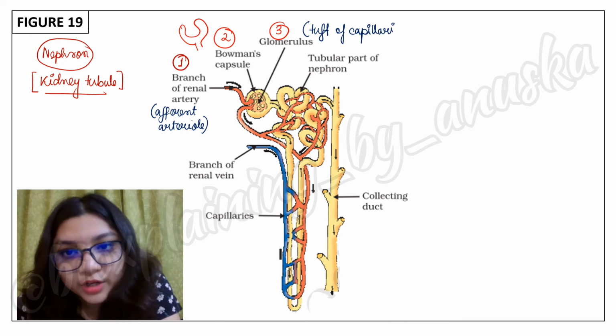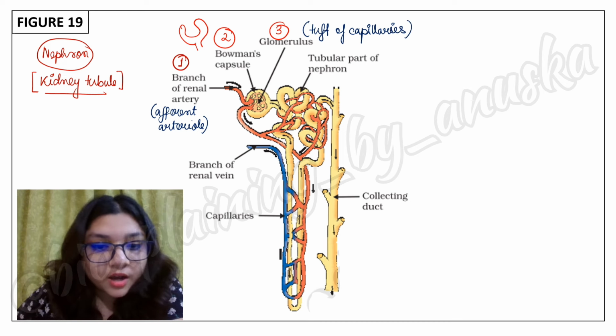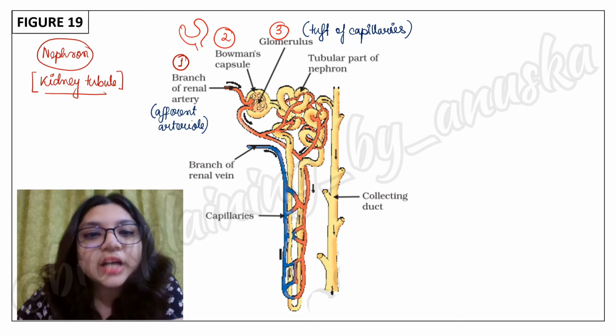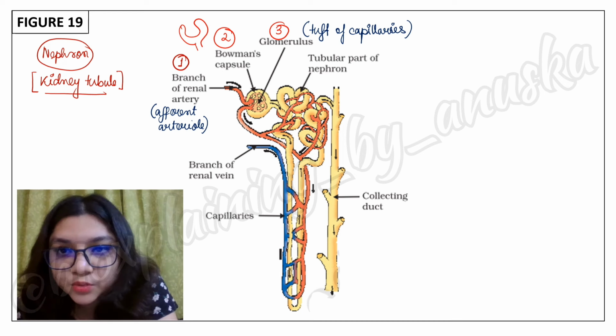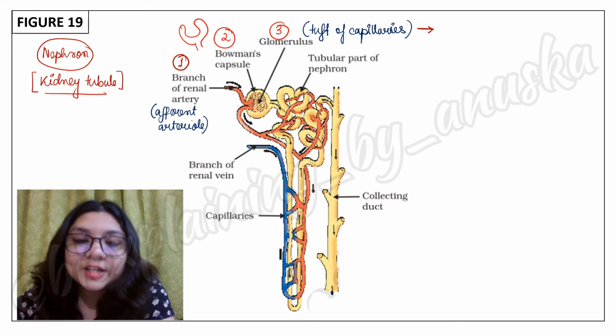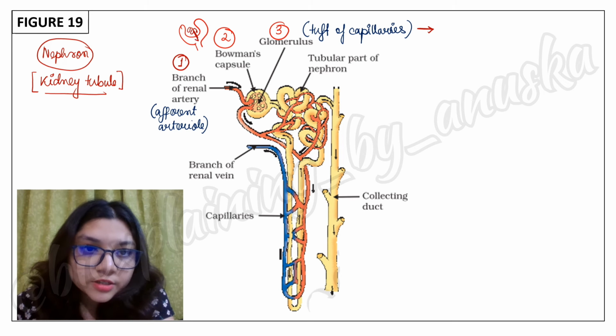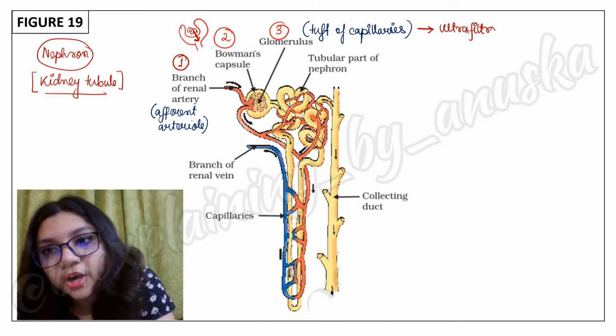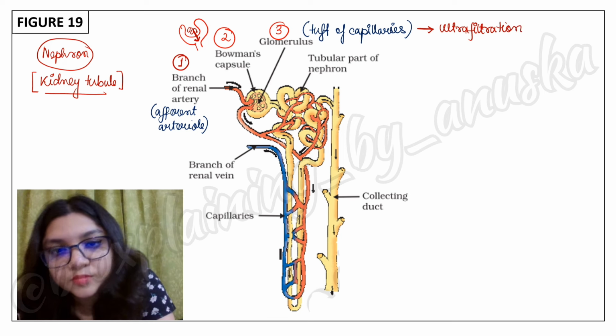At the glomerulus, the liquid part of the blood will get filtered out into the Bowman's capsule. Due to high pressure, there will be filtration of the liquid part of the blood from the glomerulus to the Bowman's capsule. This process is known as ultrafiltration.